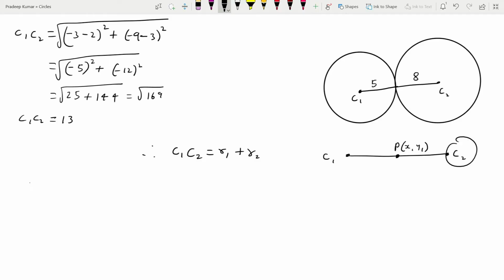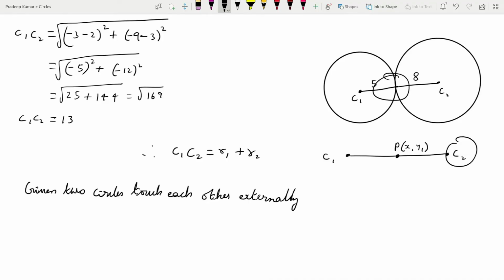So we'll write here: given two circles touch each other externally, the point of contact is inside.